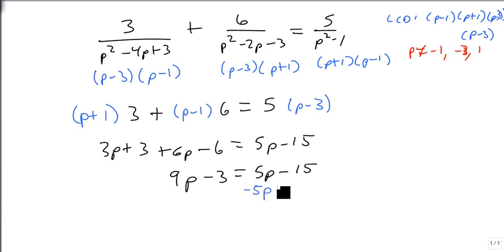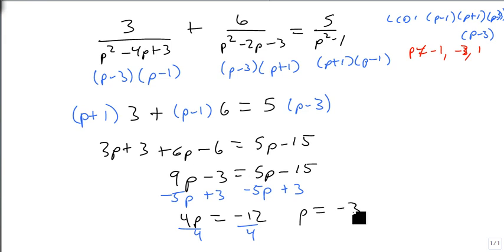Solve for p. So we'll subtract 5p and add 3. And we get 4p equals minus 12. So we divide both sides by 4, get p equals minus 3.